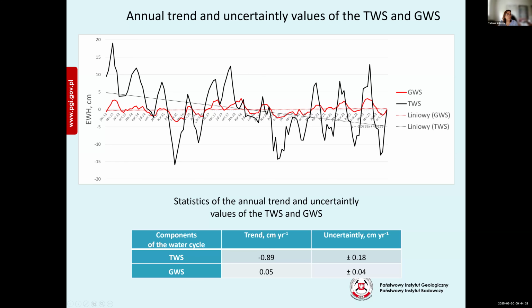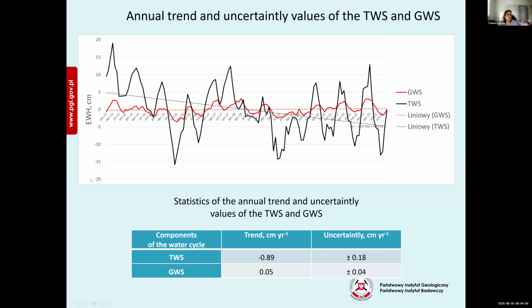It can be hypothesized that the lack of groundwater recharge during the summer period doesn't translate into a decrease in groundwater resources. Evapotranspiration affects the reduction of river flows, but doesn't increase groundwater discharge.